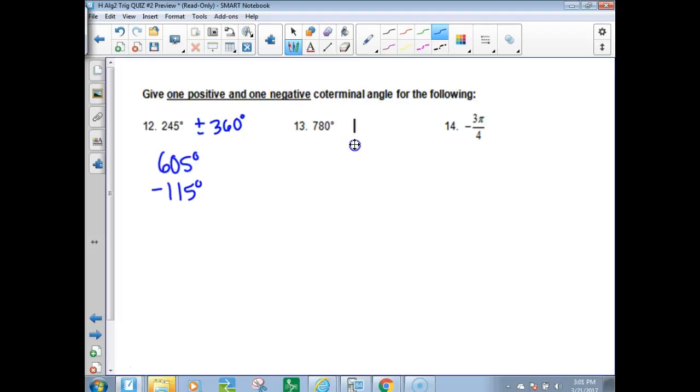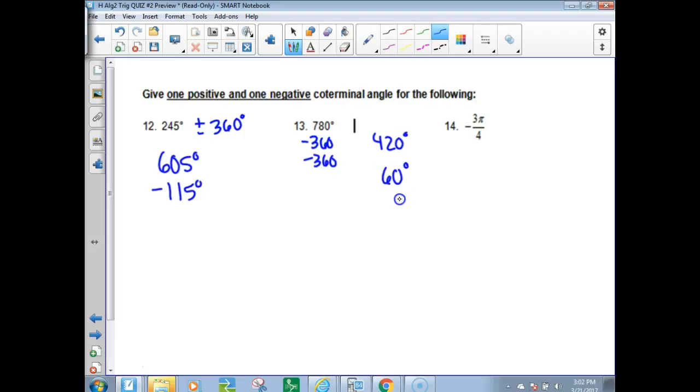Now on this one, we're going to have to subtract more than once. If I subtract 360 once and then twice, see what we got. So subtracting 360 gives me 420. If I subtract 360 again, I'm going to get 60.